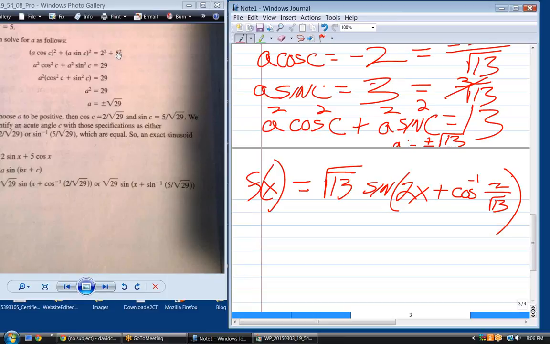So you're going to have square root of 13 for A. And the cosine of C has to be minus 2 over root 13. So this might be a minus sign right here.